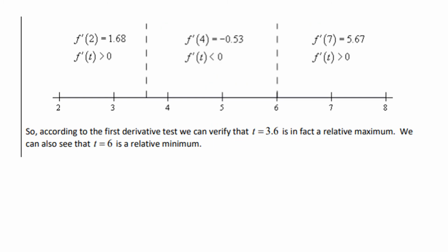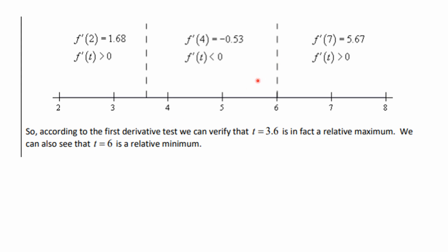Okay, so now we're going to use those critical numbers. There were two critical numbers, so that divides the real number line into 3 subintervals. Here's the first one, there's the second one, here is the third one. And we're going to see what happens for test points. So here the first derivative is positive, and then it is negative, so that means that indeed we do get a relative max.